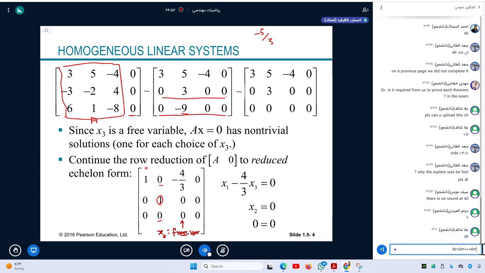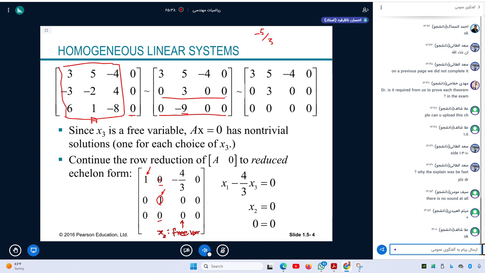Again, brothers, this is a pivot position because this is the leftmost non-zero element in this row. The leftmost non-zero element in the second row is this one, so this is also a pivot. We won't have any other pivots. So the first column and the second column are two basic variables, which correspond to x1 and x2. But the third column, which corresponds to x3, is a free variable.